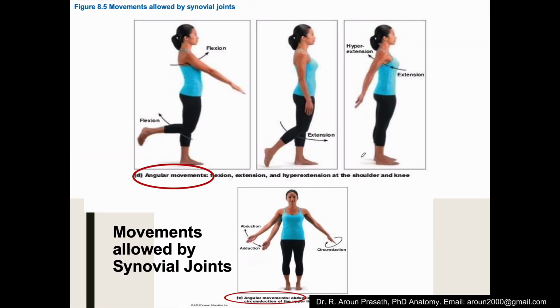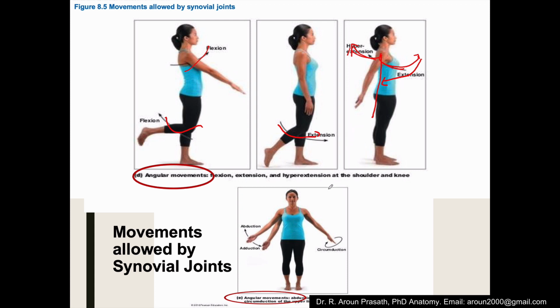Then there is shoulder flexion, knee flexion, knee extension, and shoulder hyperextension. After flexing, the joint should go for extension. This is normal extension, whereas if you hyperextend, this is beyond the normal range. We will see all the ranges.